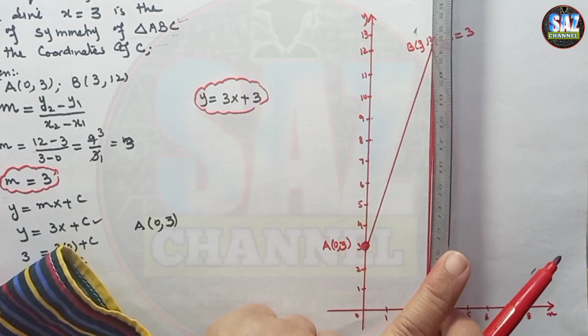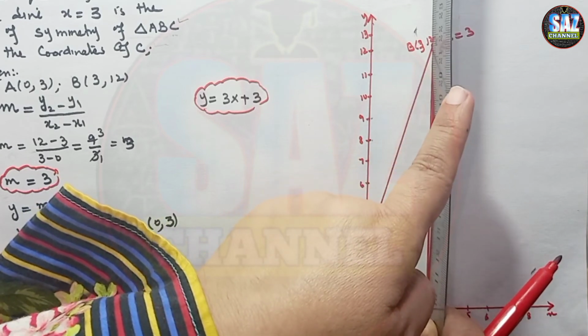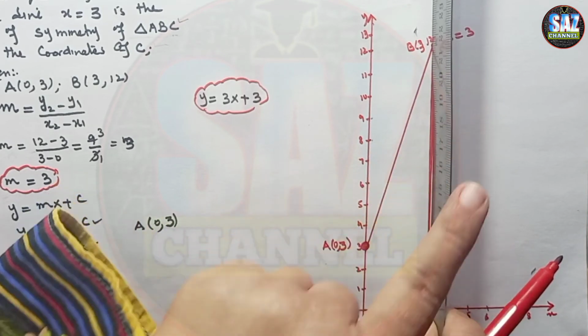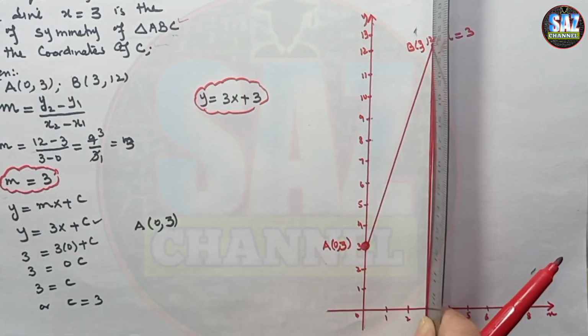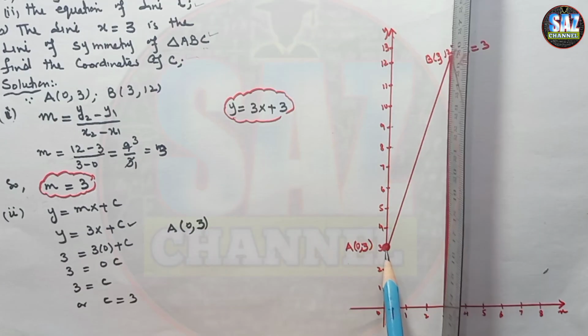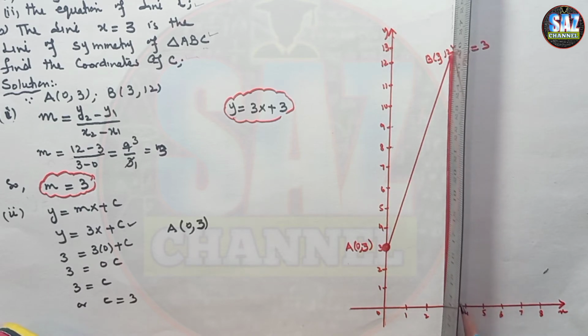There is no difference between point B and the mirror line, so there will be no change in point B and no new place for it. But if we look at point A, the distance between point A and the mirror line is 3 units. So the image will be 3 units beyond this mirror line.